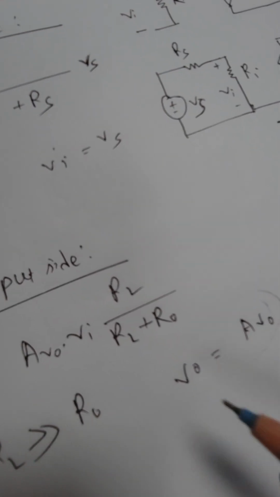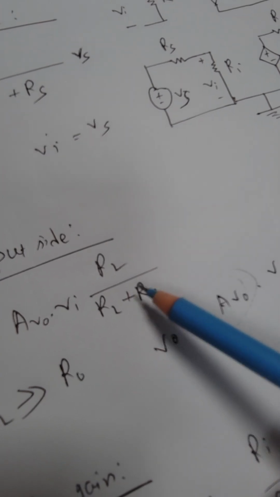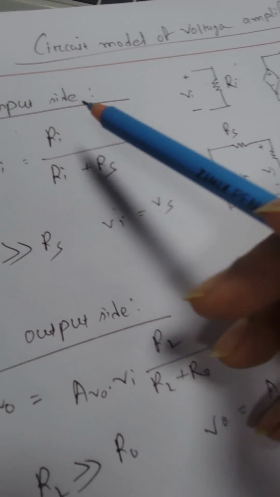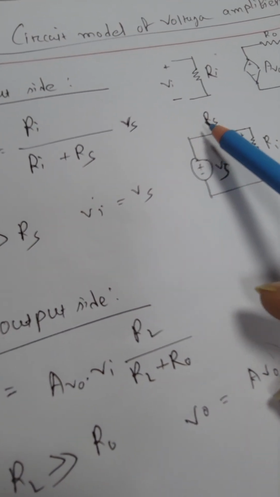We don't want to lose any signal. This is why we need to keep RL much higher than the output resistance, and on the input side we have to keep the input resistance of the amplifier much greater than the source resistance.